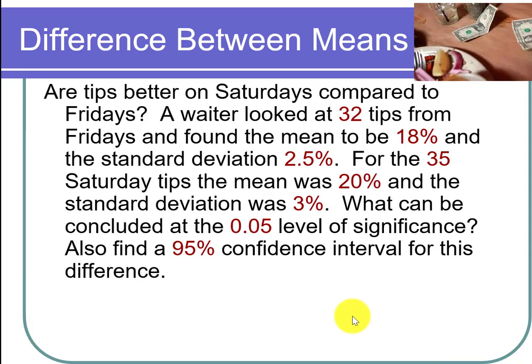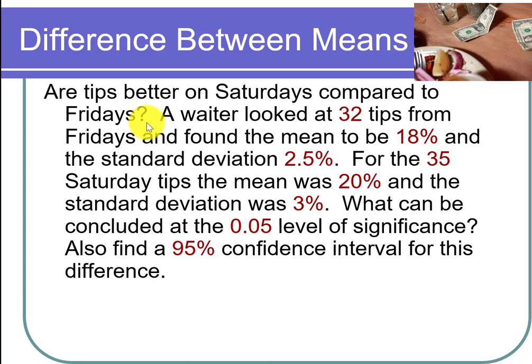So next, we can talk about difference between means with another example. So here it is. Are tips better on Saturdays compared to Fridays? So if you are in the wait staff at a restaurant, you hope you get lots of tips. And, people are supposed to tip more than 15%.